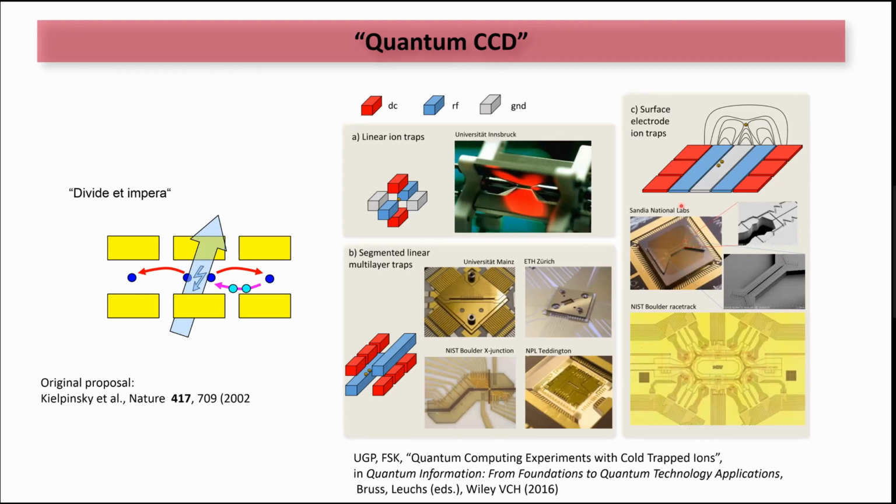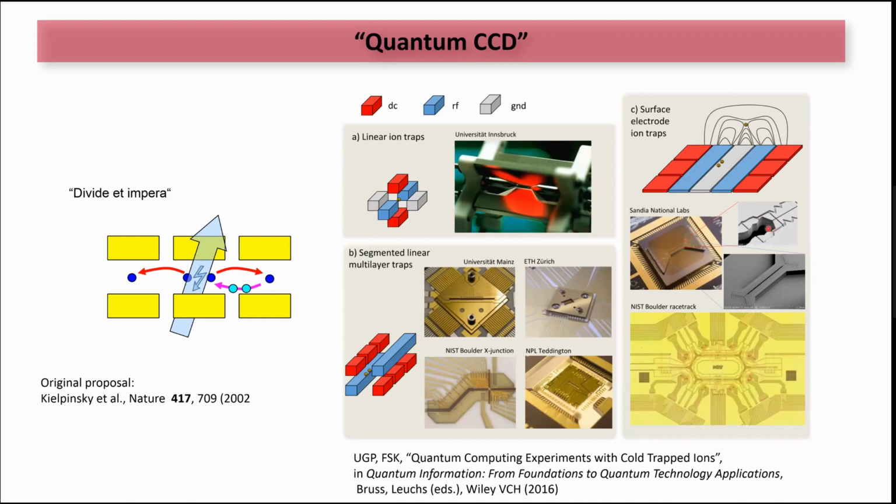Then there's a second flavor of traps, which is surface electrode ion traps. Here the electrodes are arranged in a planar geometry, so still the fields can give rise to a confining quadrupole here above the surface. This offers the advantage that lithographic fabrication techniques can be used, borrowed from semiconductor industry, and this in turn allows for much more complex trap structures, so more segments, smaller segmentation, and even complex structures.